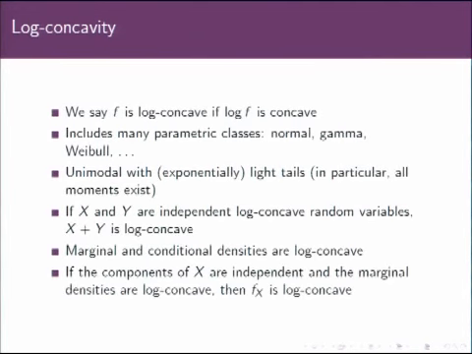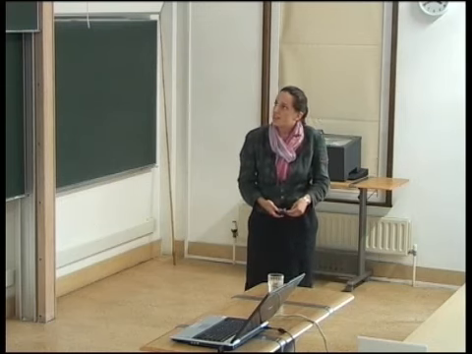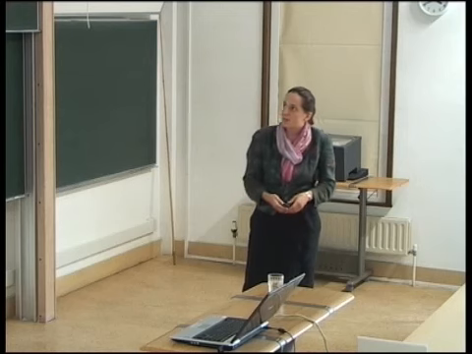And as a kind of converse, this isn't the strongest converse, but if we have independent components and log-concave marginals, then the whole density will be log-concave. I think it's a nice property to have.